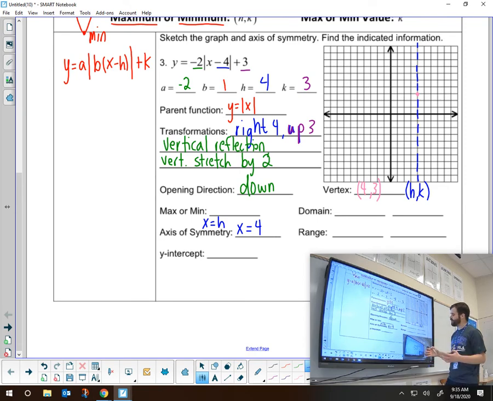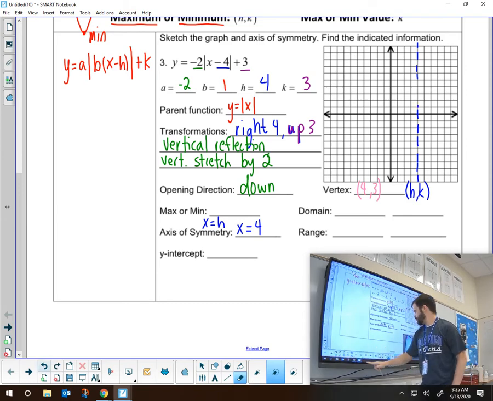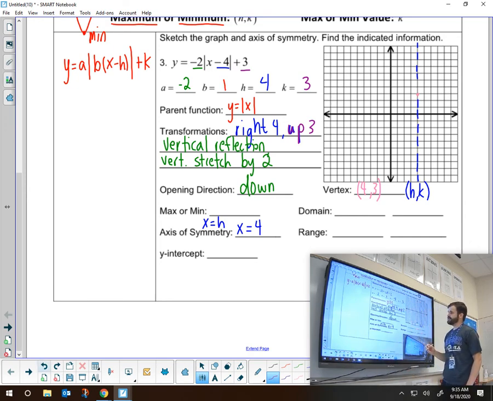Now my normal graph would be opening like this, right? From that vertex. But we've done a lot of stuff to that normal graph. We have flipped it, so I've had a vertical reflection. So with that vertical reflection, it's going to be opening downwards, and it's going to have a vertical stretch.